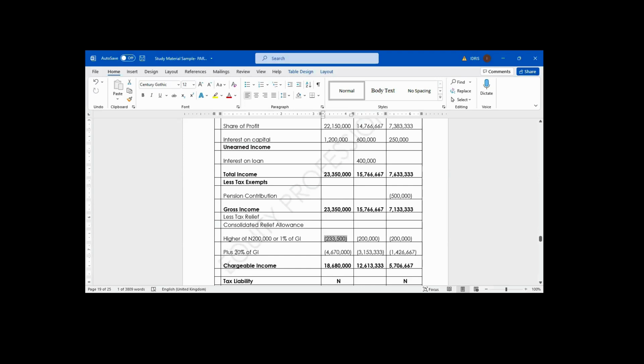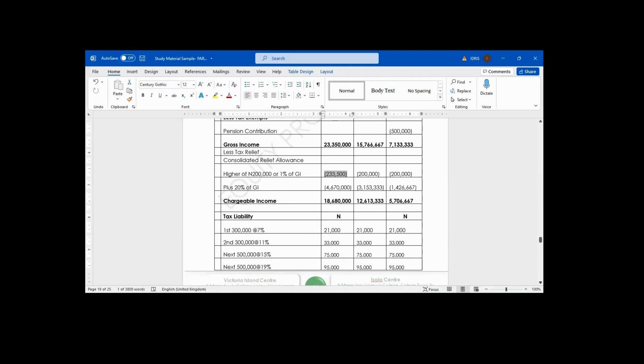Now, plus 20% of gross income. 20% of 23,350,000 is 4,670,000. For Sheyi, 3,153,333; for Akpan, 1,426,667. We less them, we get chargeable income.